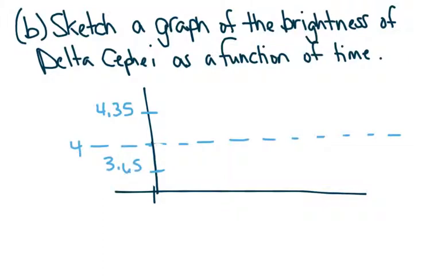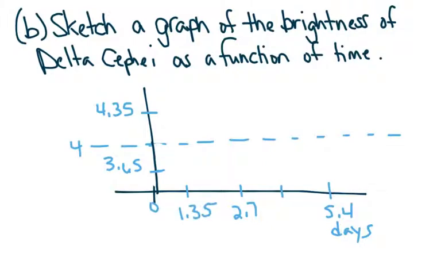One period is going to be 5.4 days. So I need 3 more tick marks because the beginning one is going to be 0. So half of 5.4 is 2.7. Half of 2.7 is 1.35.